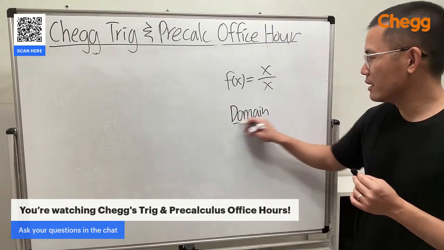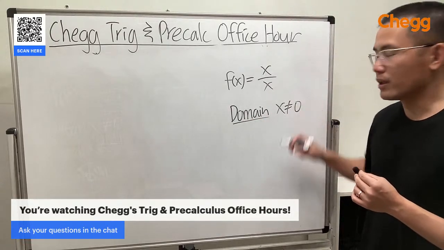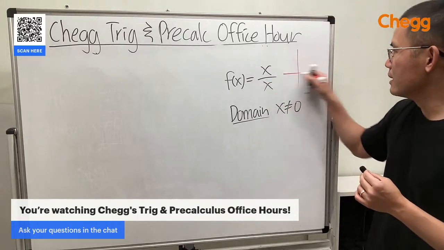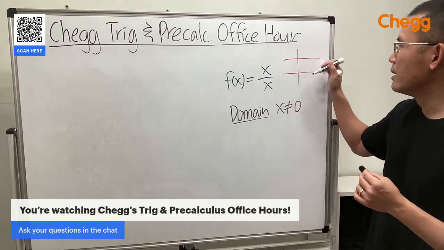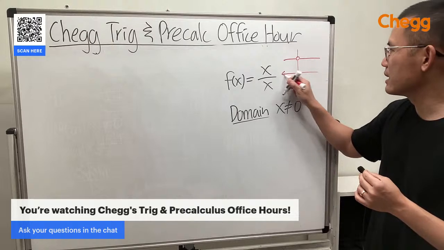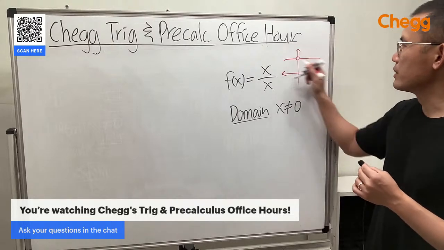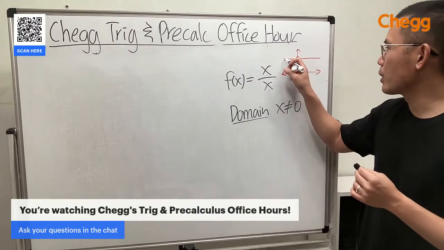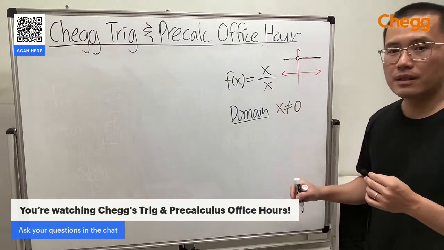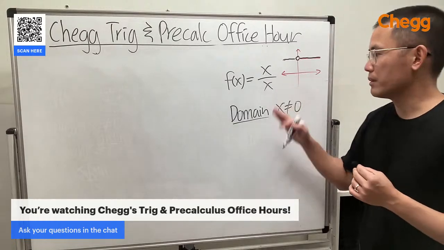Domain: x cannot be 0. This function looks like this. I know it's 1, but because of how it's written, you have to really get rid of the 0. So this is that function. I'll make it like this to make it stand out. So this is not 1. So because of that.